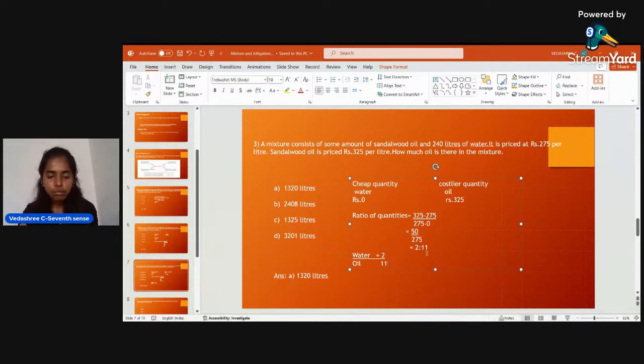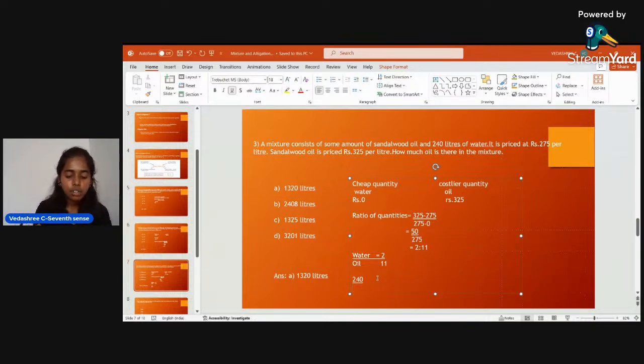Now we know the quantity of water here. The quantity of water is 240 liters. The quantity of oil we don't know, and we need to calculate it now, so we'll take it as oil itself.